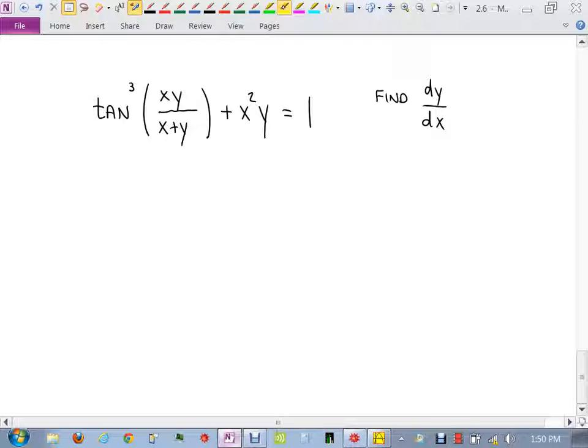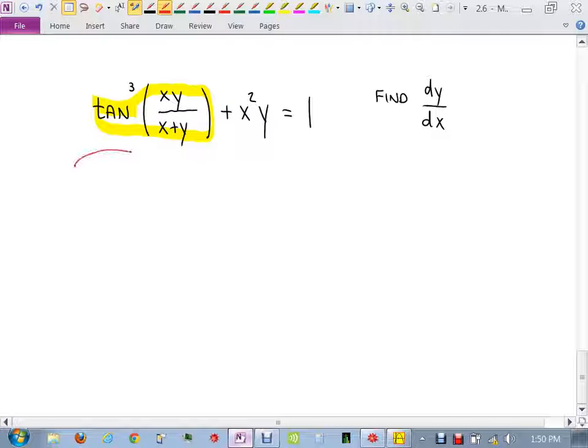All right, so the first thing you have to see is that this right here, the yellow is my junk, and that's yellow cubed, right? The derivative of yellow cubed is what? 3 times yellow squared. So 3 times yellow, but yellow is everything there.